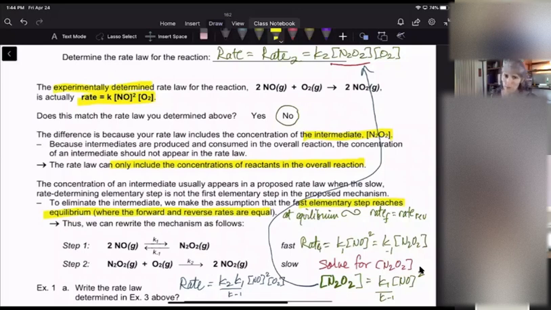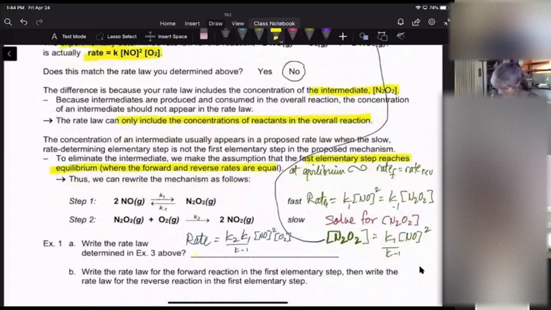We'll talk a lot more about that in the next chapter. We might also write this again, that the rate is some new K, K prime, NO squared O2. So that matches our experimentally determined rate law, and we can derive it from these two steps.